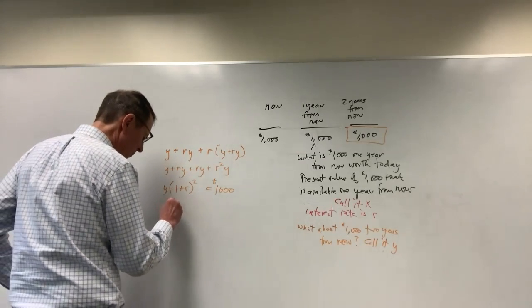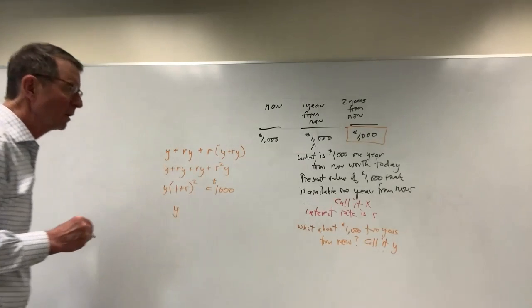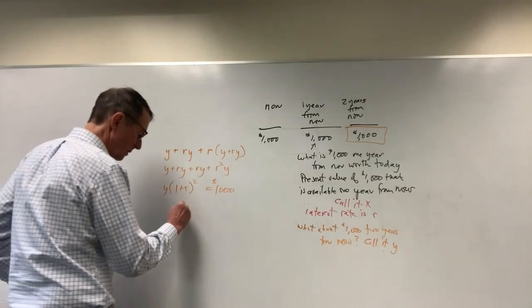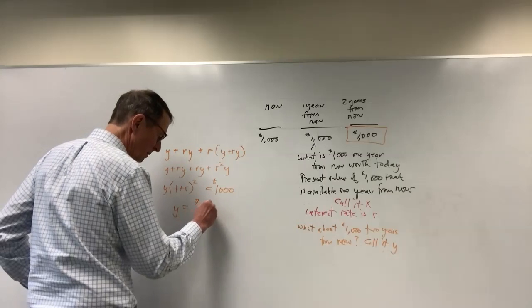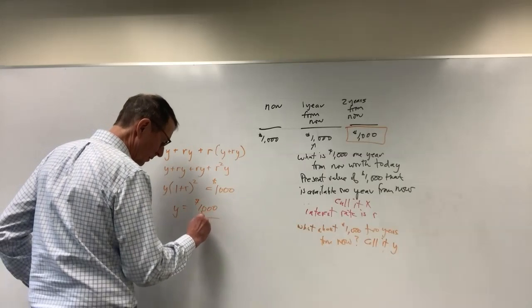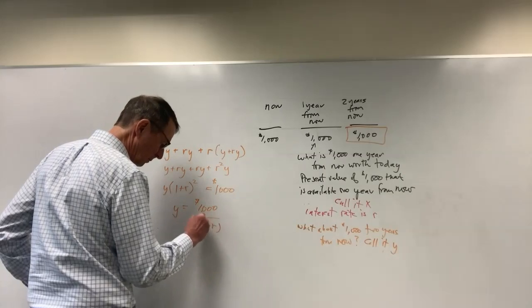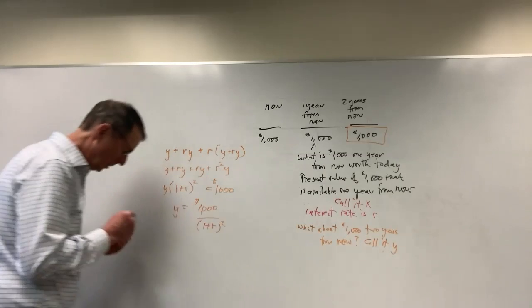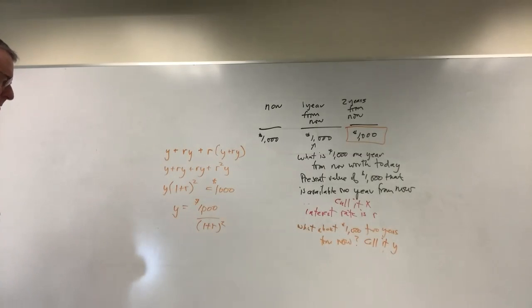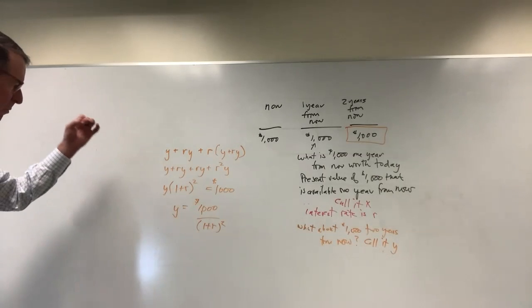So Y, which is the present value of $1,000 2 years from now, is going to be $1,000 discounted by (1 plus R) squared. Right? You could keep going.